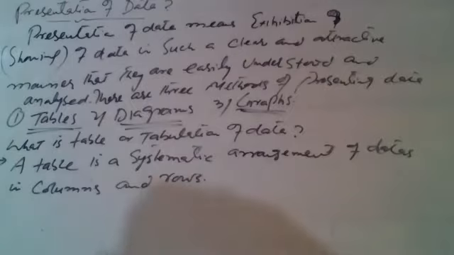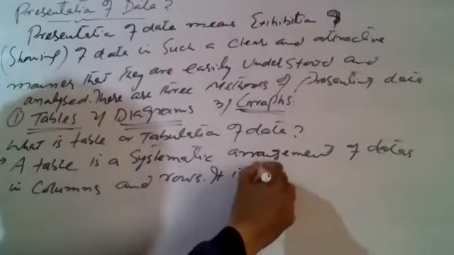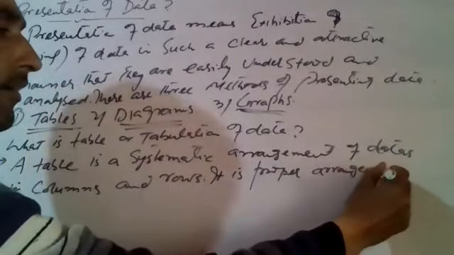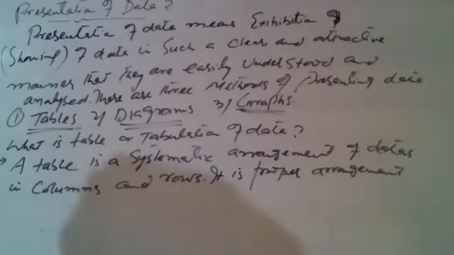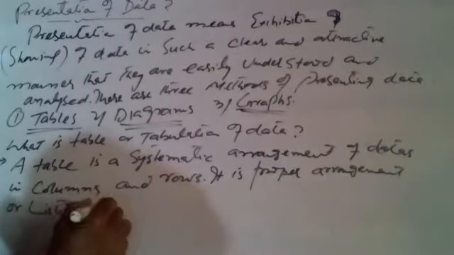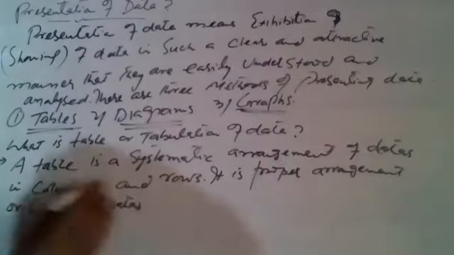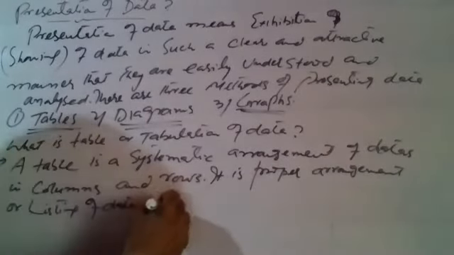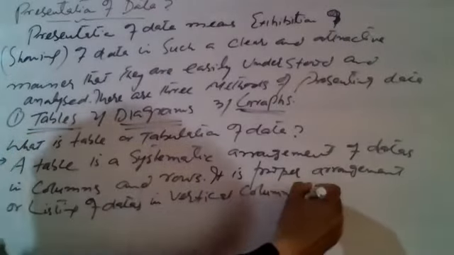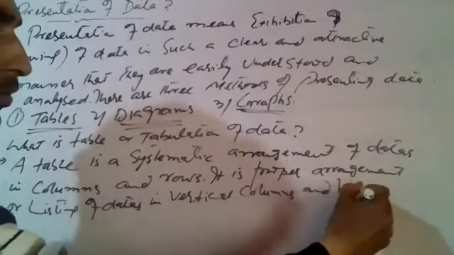The table and tabulation of data means proper arrangement or listing of data in vertical columns and horizontal rows.